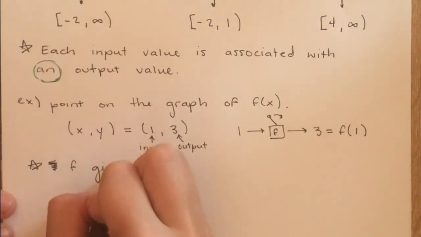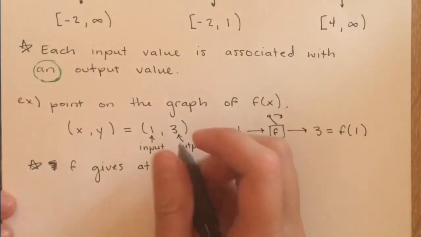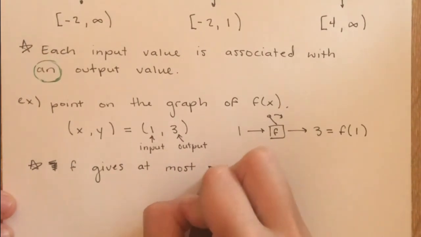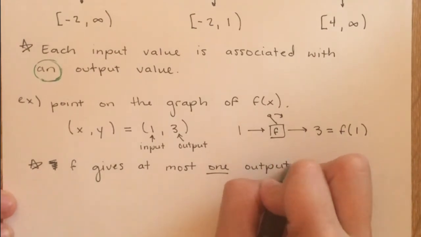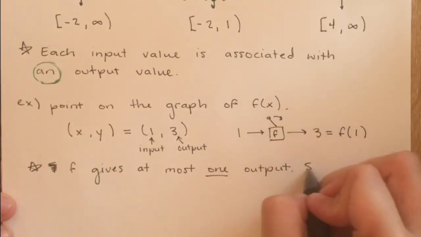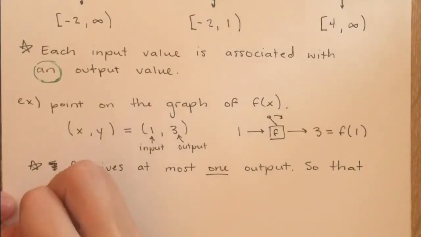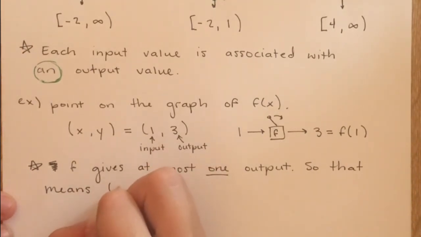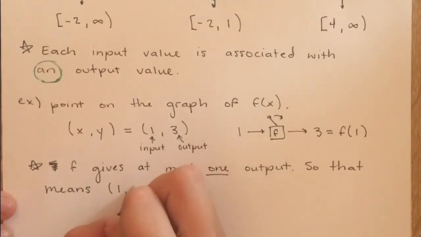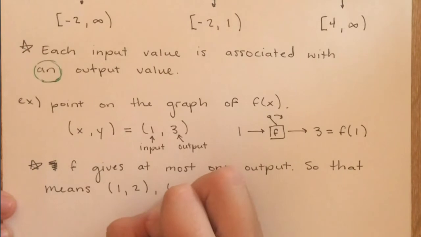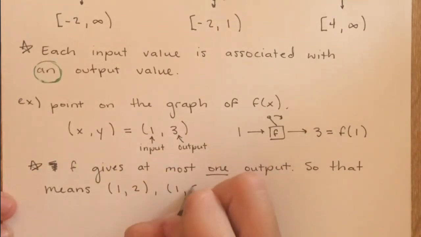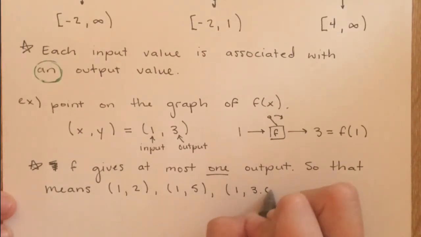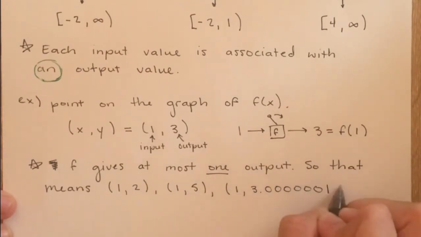f gives at most 1 output. So that means I can't put in 1 and also get 2, or also get 5, or also get even something really, really close to 3, like 3.0000001.